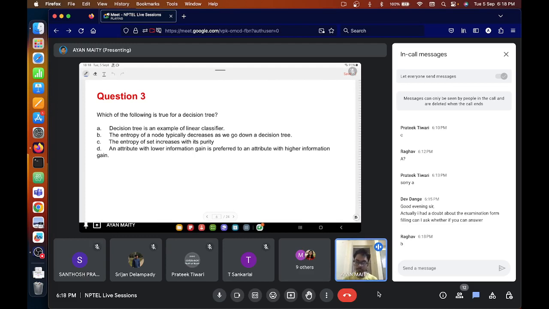Raghav is saying option B, which is the entropy of a node typically decreases as we go down a decision tree. Okay. Anyone else?